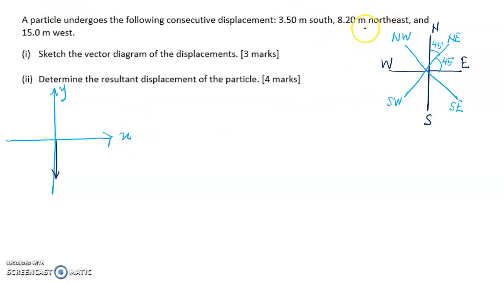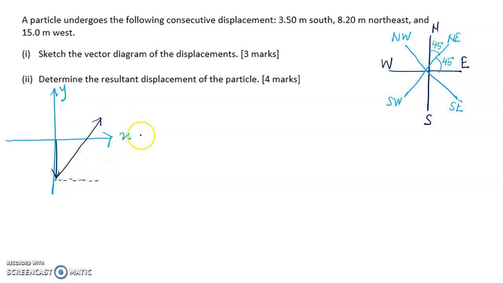Moving on, we have the second path, which is 8.2 meter northeast. Northeast is 45 degrees upward from east. For reference, this is the horizontal line, parallel to the x-axis, pointing in the eastward direction. Since it is 8.2 meter northeast, the length is going to be a bit longer.